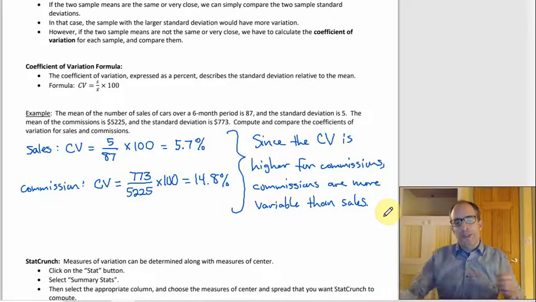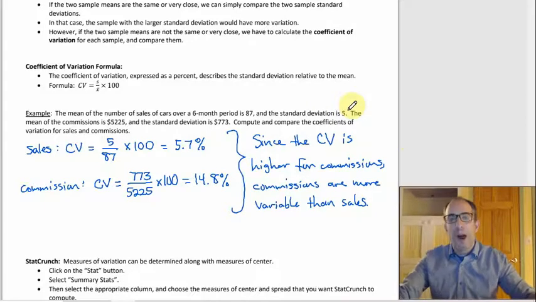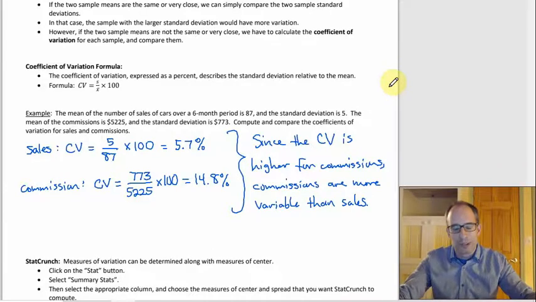Okay, so that's what you would do if you want to compare two standard deviations from data sets that are clearly different, right? And like it said up above, if your sample means are pretty close together, or right on top of each other, then yeah, you could just look at the two sample standard deviations and be done with it.